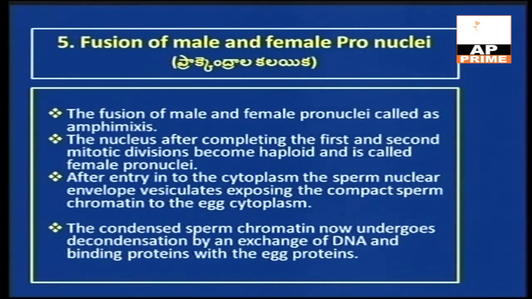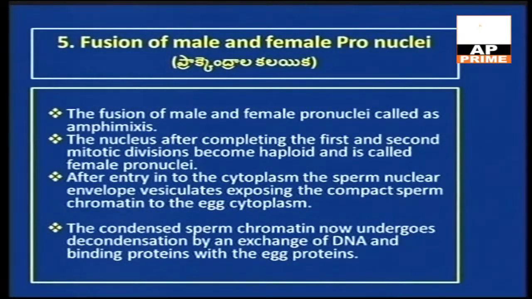Already we discussed in the gametogenesis process, the diploid cells are involved in mitosis, and then in meiosis, and they form a haploid number of gamete cells. This haploid set of gamete cells in the female is called the female pronucleus. Similarly, in the male, it is called the male pronucleus.